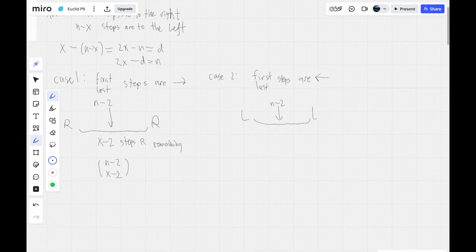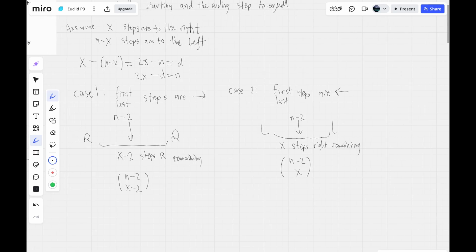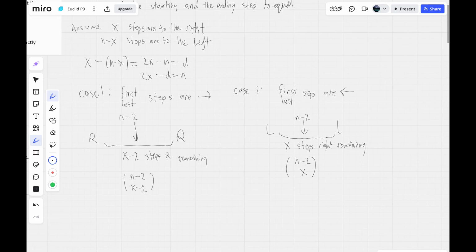And you're going to take X steps to the right? And because you haven't used any of them, there are still X steps to the right remaining. So the expression for this case is just N minus 2 choose X. Because of the N minus 2 steps remaining, you're going to be choosing X steps to the right, and then the remaining steps you didn't choose are going to be to the left.